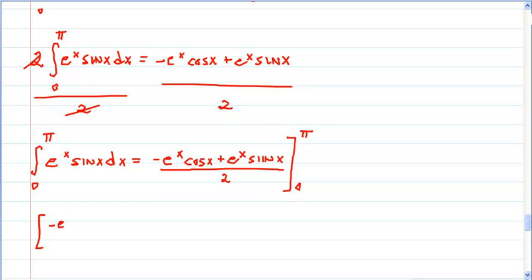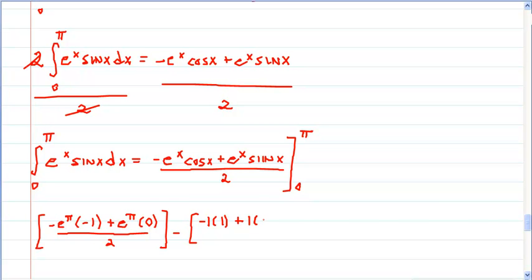So I have negative e to the pi times cosine pi, which is negative 1, plus e to the pi times the sine of pi, which is 0, and then over 2, and then minus negative e to the 0, which is 1, times cosine of 0, which is 1, plus e to the 0, which is 1, times the sine of 0, which is 0, so that I have e to the pi over 2 and then plus 1 over 2, which is equal to e to the pi plus 1 over 2.